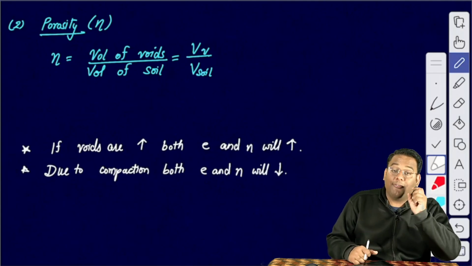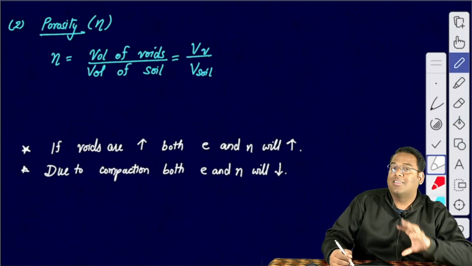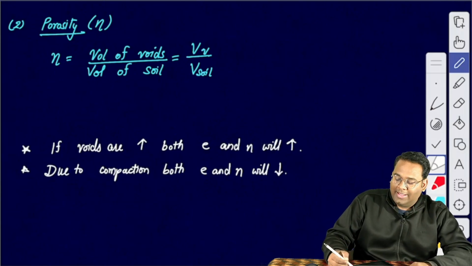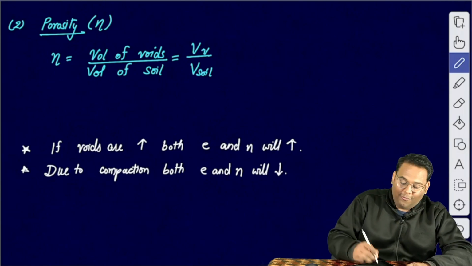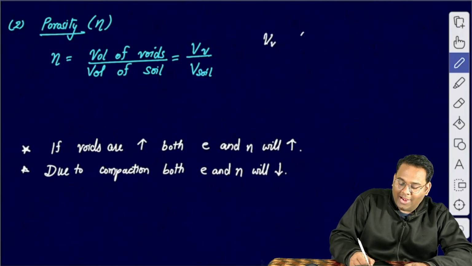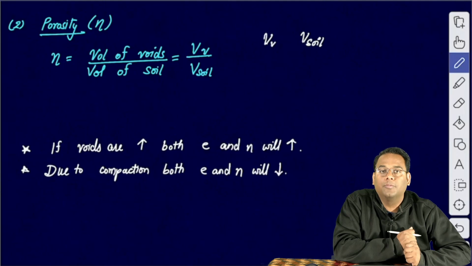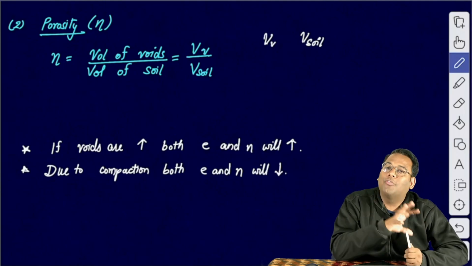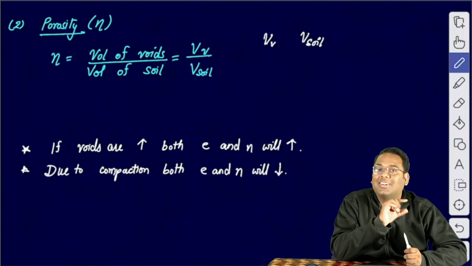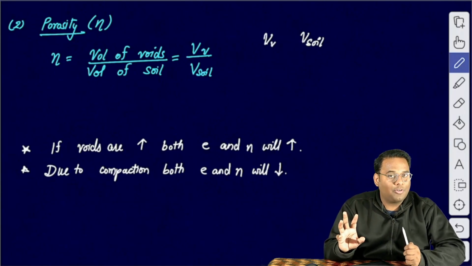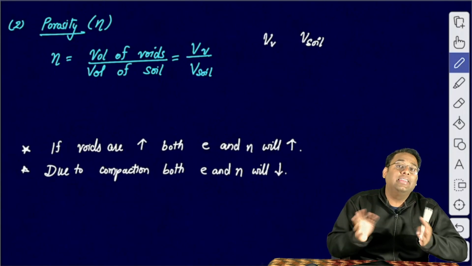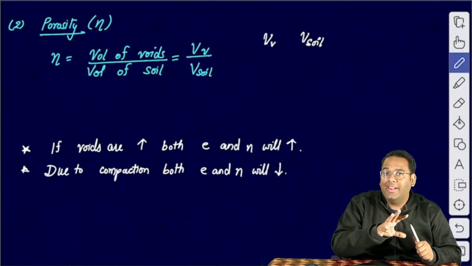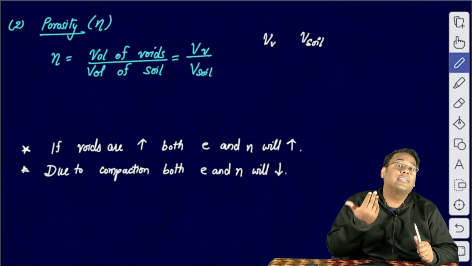Fine. And if I ask you about the range of this eta, can you tell me what is the relationship between volume of voids and volume of soil? See, voids are actually just a part of soil. Yes or no? Soil is equal to solids plus voids. So obviously in any case, voids can never be more than the soil.